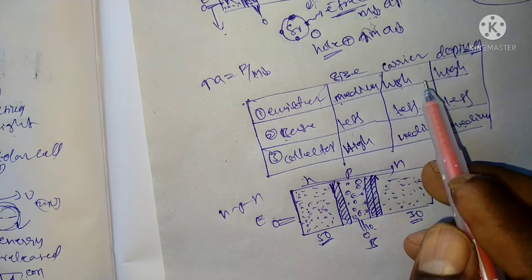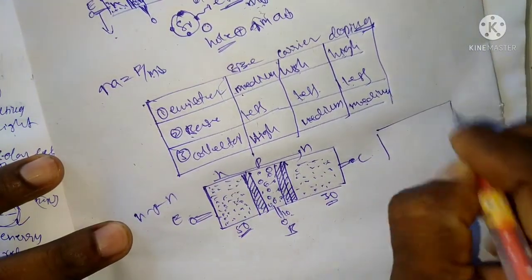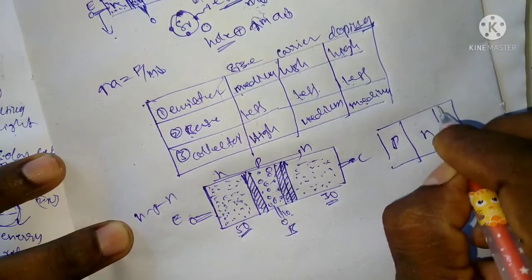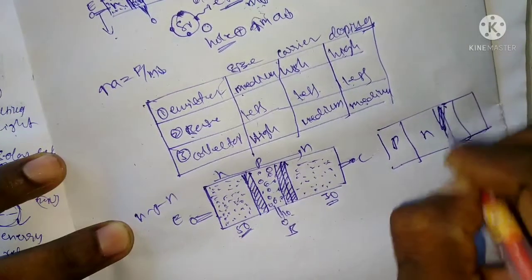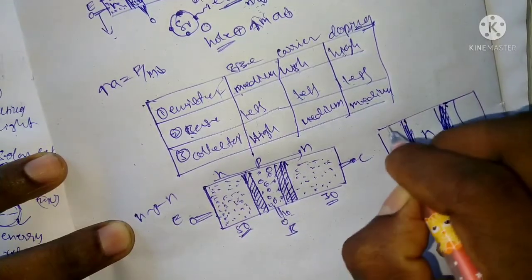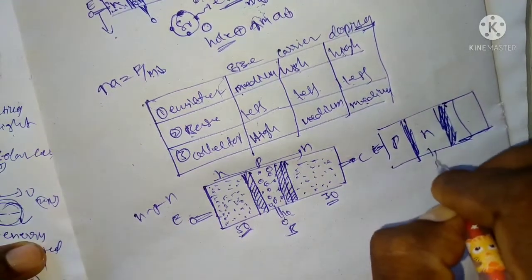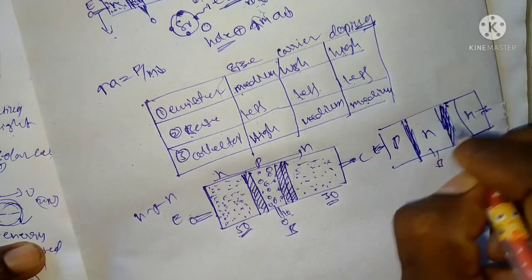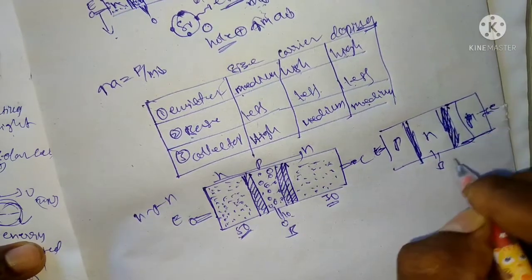In this way. The NPN or PNP transistors follow the same phenomena. This is PN, heavily doped. In the case of PNP, P is the emitter, N is the base, and P is the collector.